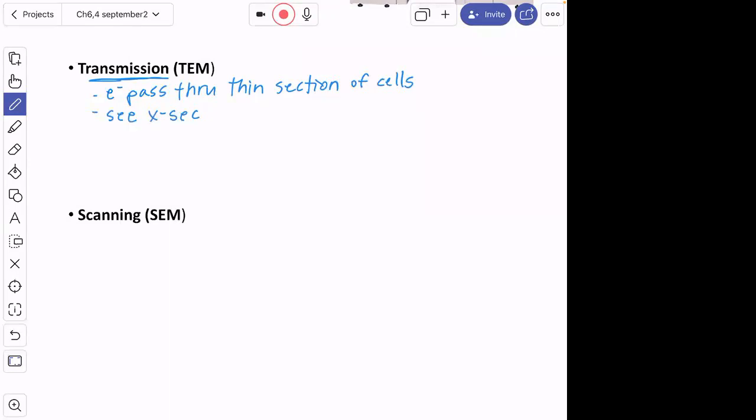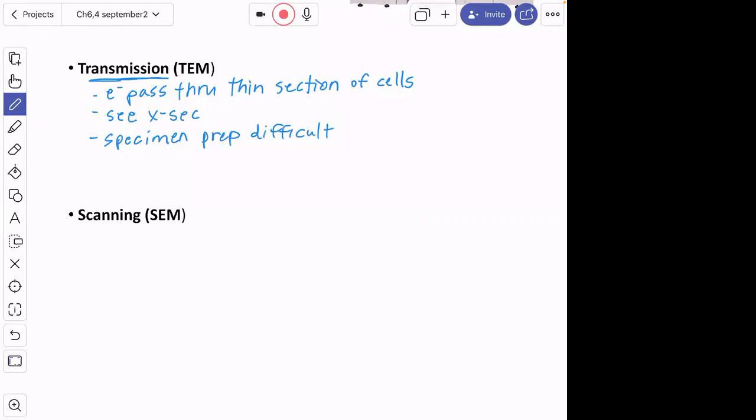Basically, when we prepare our cells to view, it's very difficult. I've heard of professors spending a month trying to prepare their cells just to see them with a transmission electron microscope. What does it involve to prep the specimen? You have to dehydrate the cells. You have to embed them, usually in a plastic. You have to section it really thin.